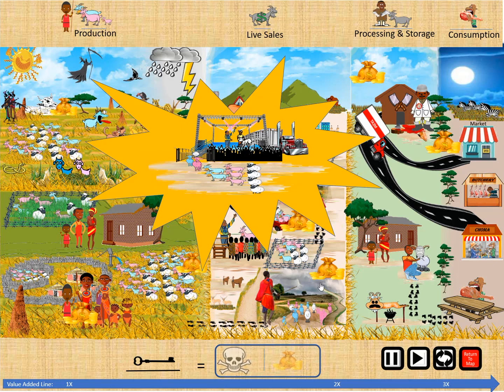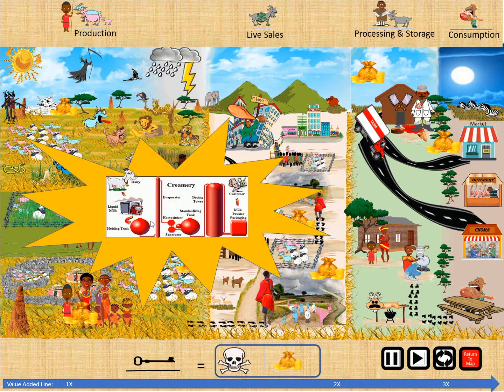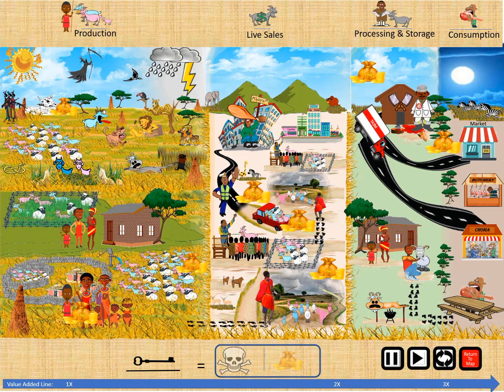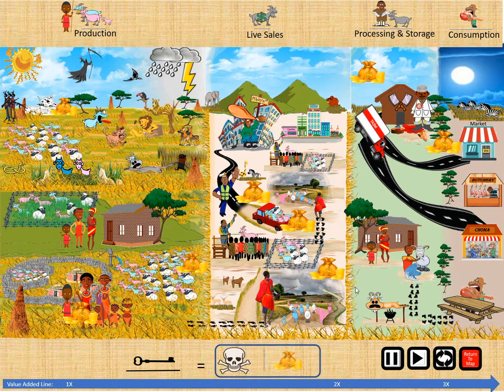If they were better organized, they could have better auctions, better prices, fill demands from the city. Okay, down here at the household level, they could have dairy goats and creameries. They could organize. Okay, what else do we got over here? You can have contracts similar to poultry. You can have contracts with market distributors in the urban areas.